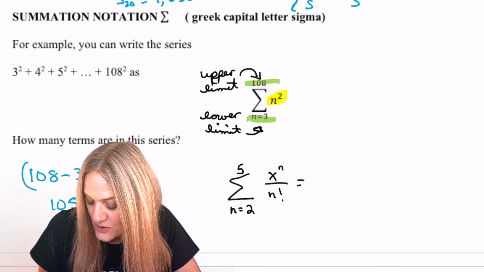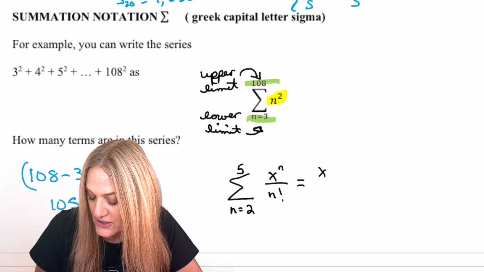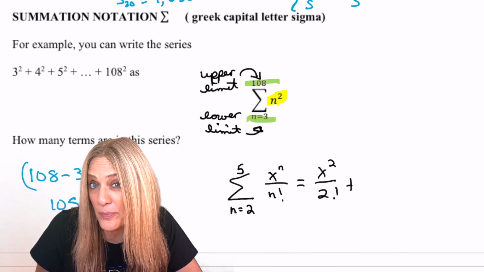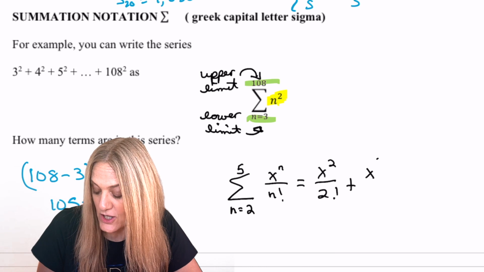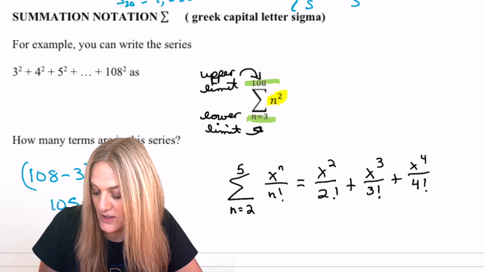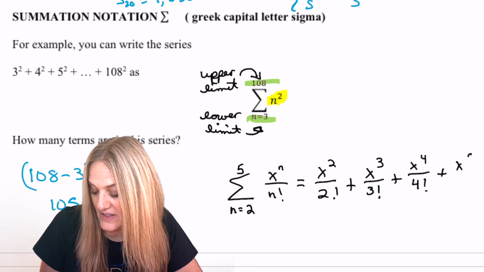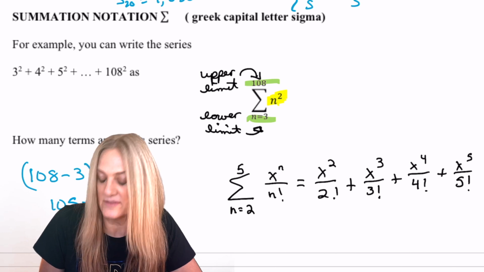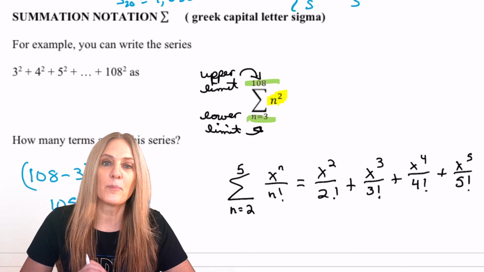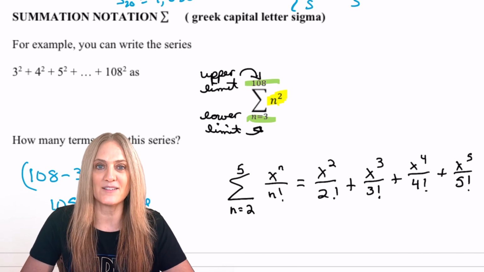So summation notation says that I would add all terms x squared divided by 2 factorial plus x cubed divided by 3 factorial plus x to the 4th divided by 4 factorial plus x to the 5th divided by 5 factorial. You can see that summation notation is a much more precise, concise way to show a series.